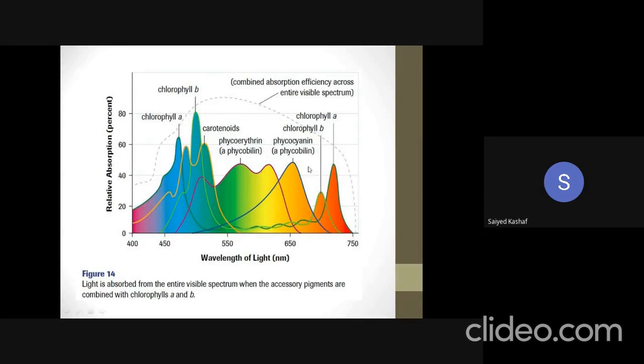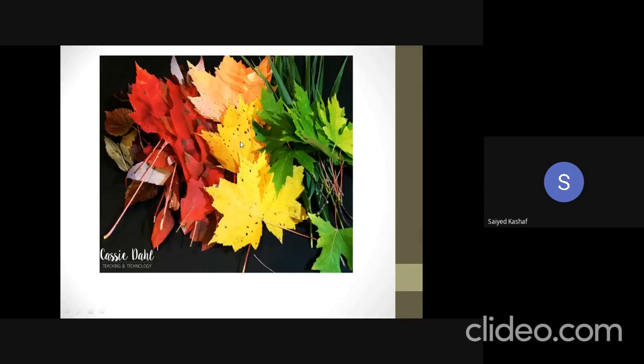These are the other pigments, phycoerythrin and phycocyanin, and carotenoids, right? As the leaf matures, the chlorophyll deteriorates, and these pigments are replaced by some of the carotenoids or xanthophylls. You can see the difference in color, which represents the different pigments present in the leaf.